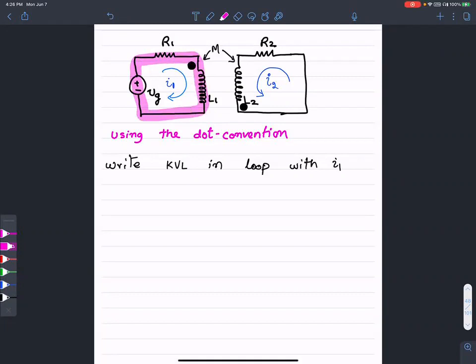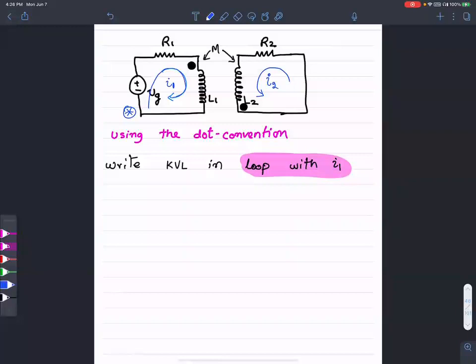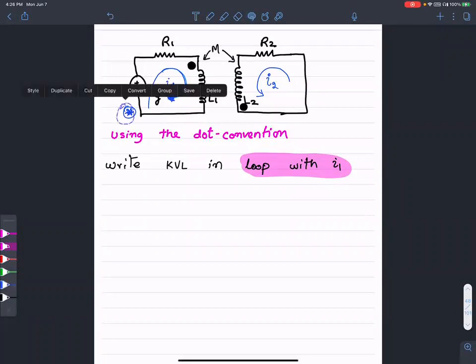All I want to do is follow one particular direction and add up all the voltage drops in the loop. Let's start here, at the bottom left, and follow the direction of the current.